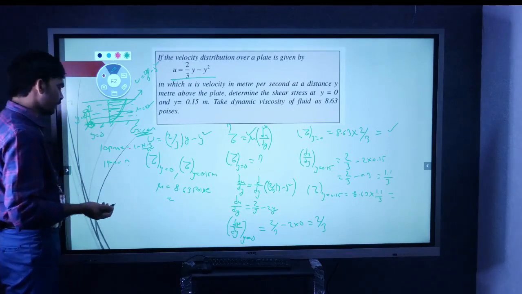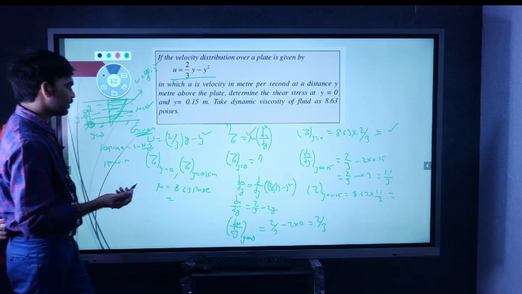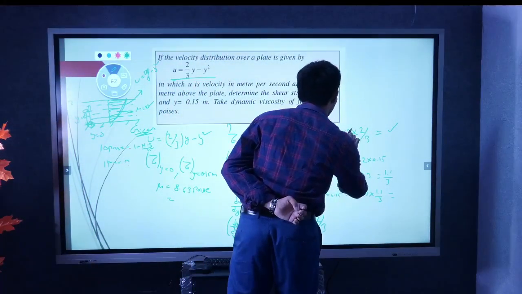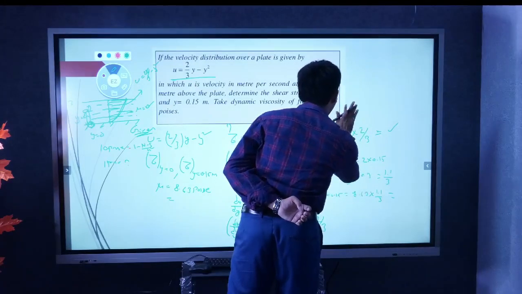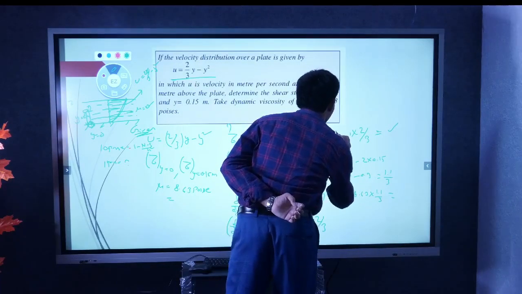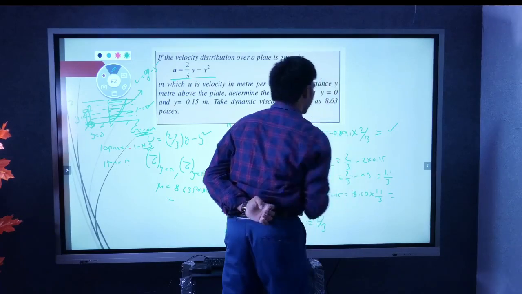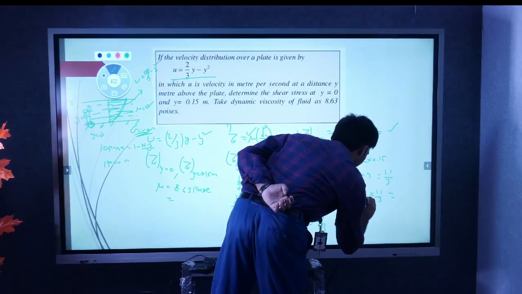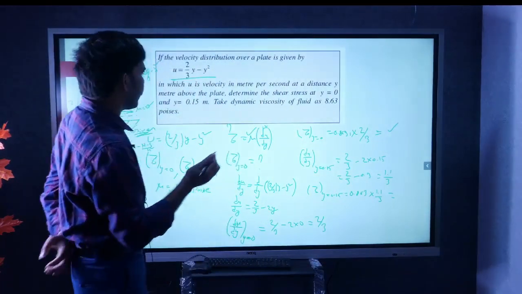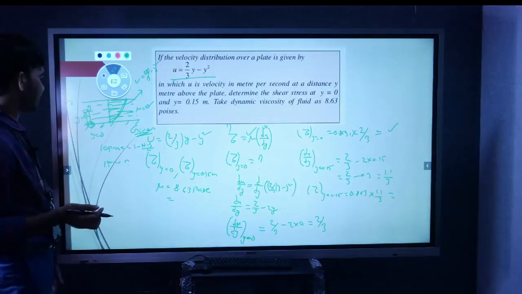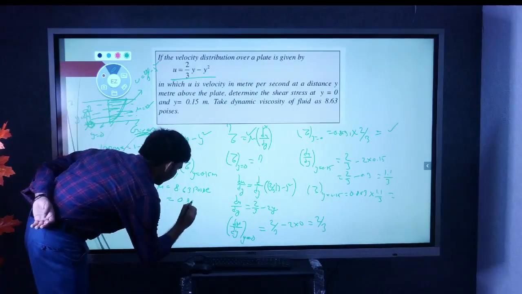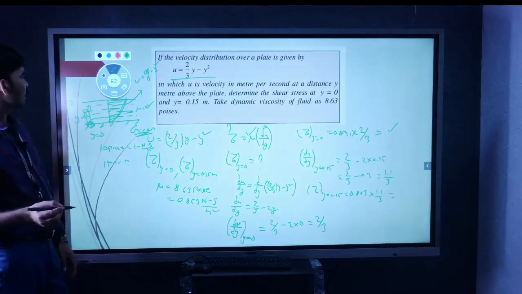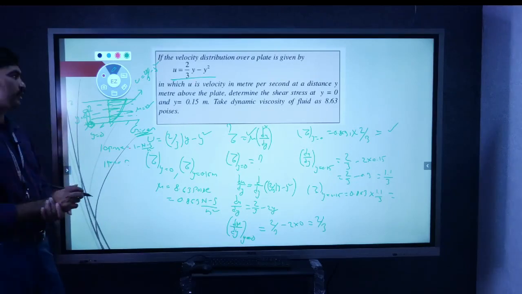So 8.63 poise is 0.863 Newton second per meter square. You will get the dynamic viscosity in these units. So this is the way to calculate it in the second problem.